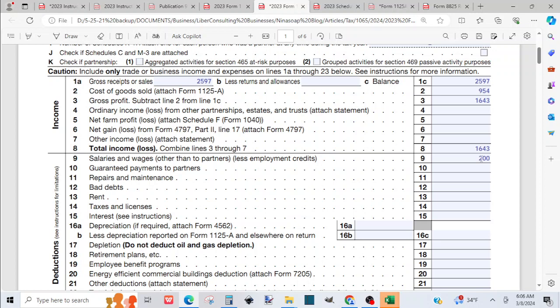If you put the take-home pay on line 9, then on line 14 you'll put your unemployment tax, your employer and employee total portion of Medicare and Social Security and employee income tax withheld, because you withheld those and you deposited to IRS. So if you didn't include what you withheld from the employee salary on line 9, then you can include it on line 14.